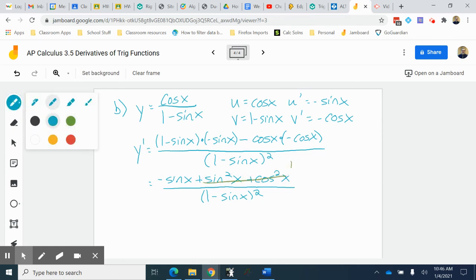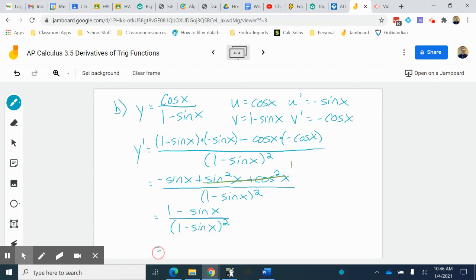So I've got 1 minus sine x divided by 1 minus sine x squared. And hey, look at this. This is why we simplify. The derivative of this function is 1 over 1 minus sine of x. Now, could you have stopped up here? Sure. Is that a much more complicated expression to work with if you actually need to do something with this? Why, yes, it is. This is the optimal.